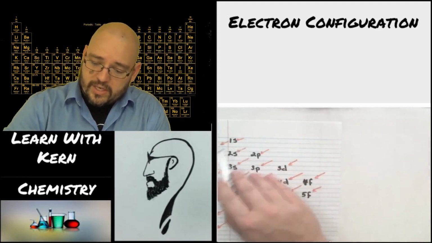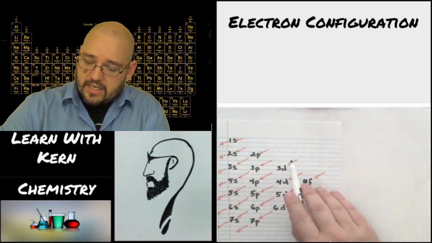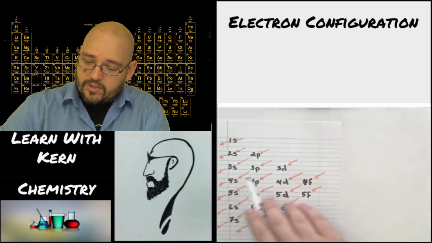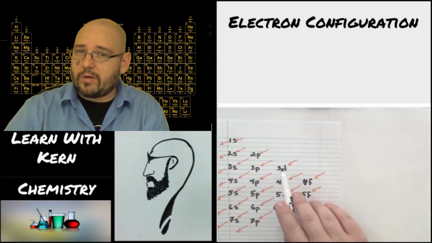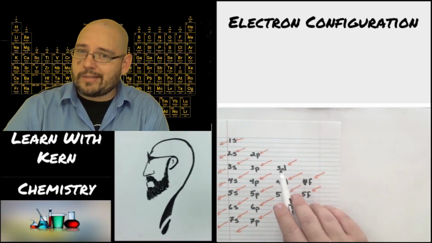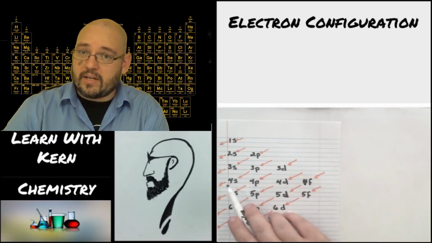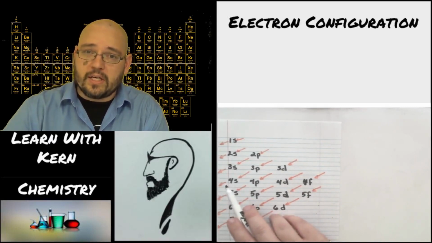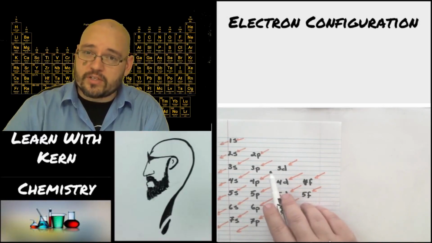As you go through it, it's 1s, 2s, 2p, 3s, 3p, 4s, 3d, 4p. You'll notice the 4s gets filled before the 3d because the 3d orbital actually has slightly more energy than the 4s, and electrons always fill the lowest energy possible first. And the 3d has slightly more energy, even though it's the third energy level.